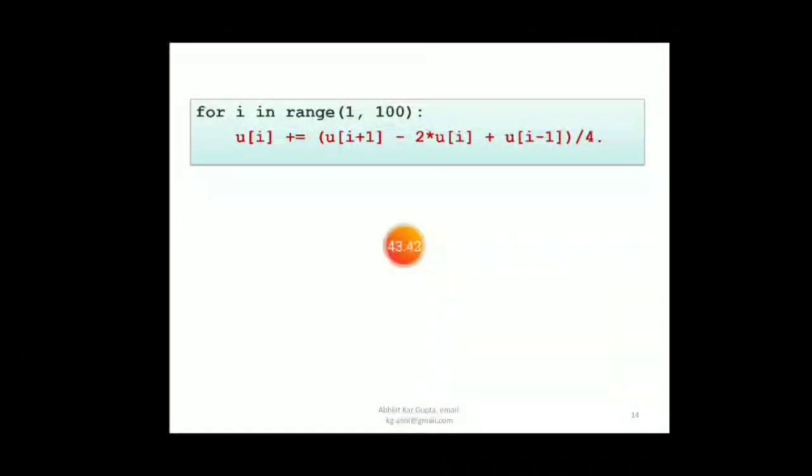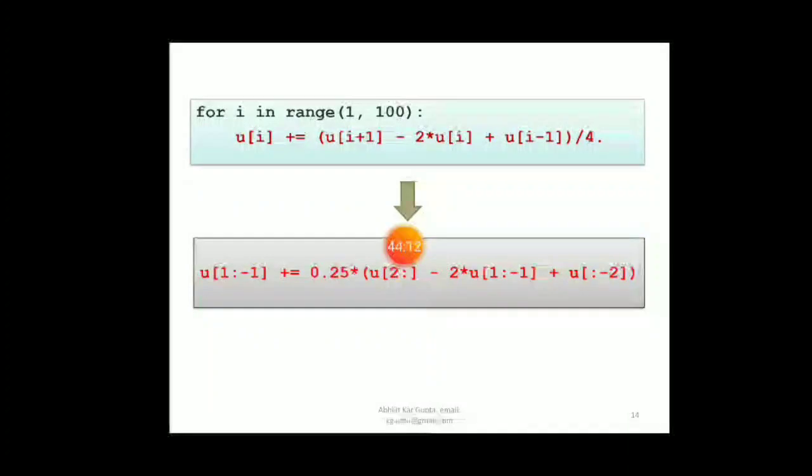For i equal to 2, you need the previous term 1 and the next term, index 3, etc. So doing this again and again means basically you are manipulating the array. That means you can write it by NumPy slicing that you have learned in your NumPy class. So these 2 lines can be written with a simple NumPy slicing.